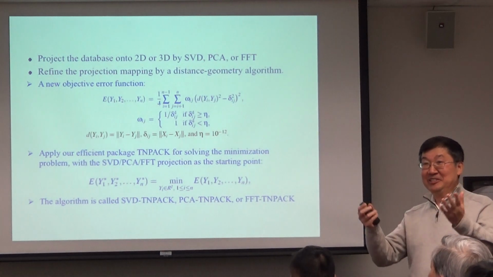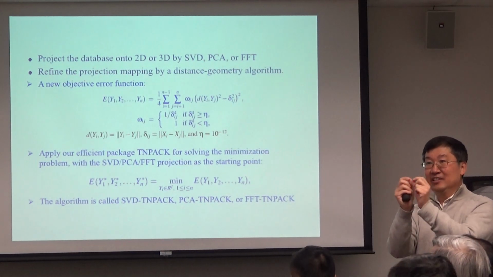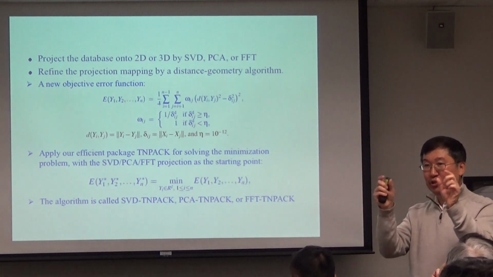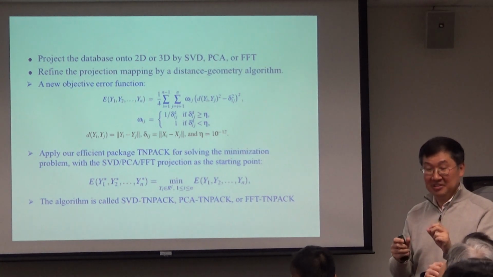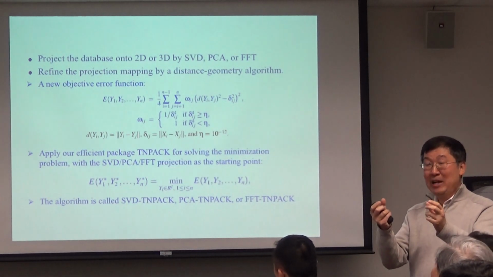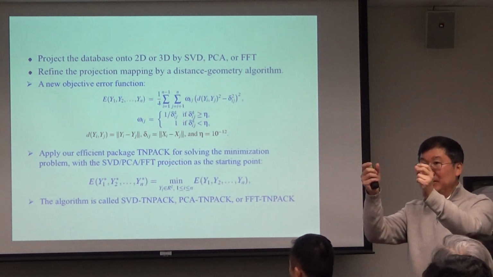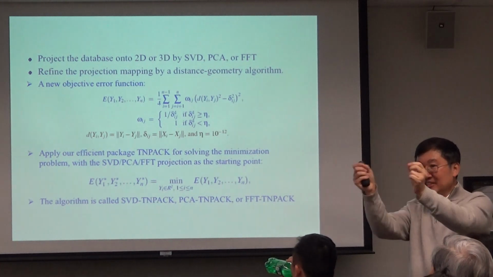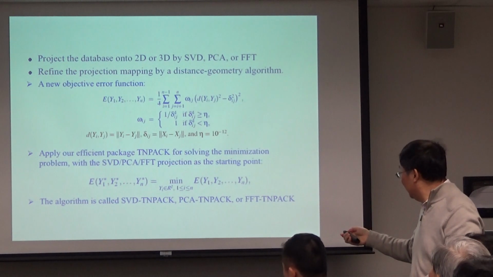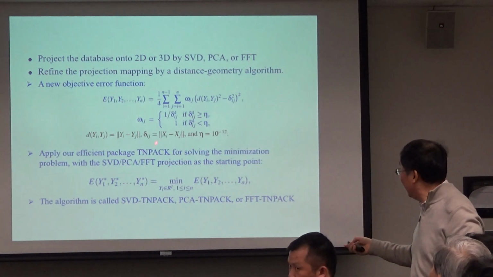Delta ij indicates the similarity between two compounds. That's given data. So you have to try to maintain this similarity in the lower dimension. So omega ij is the tool you use to keep that.